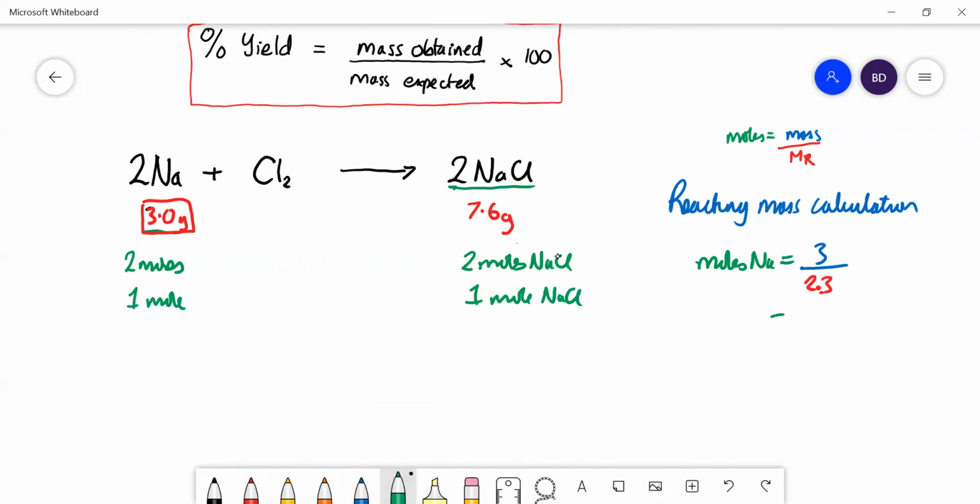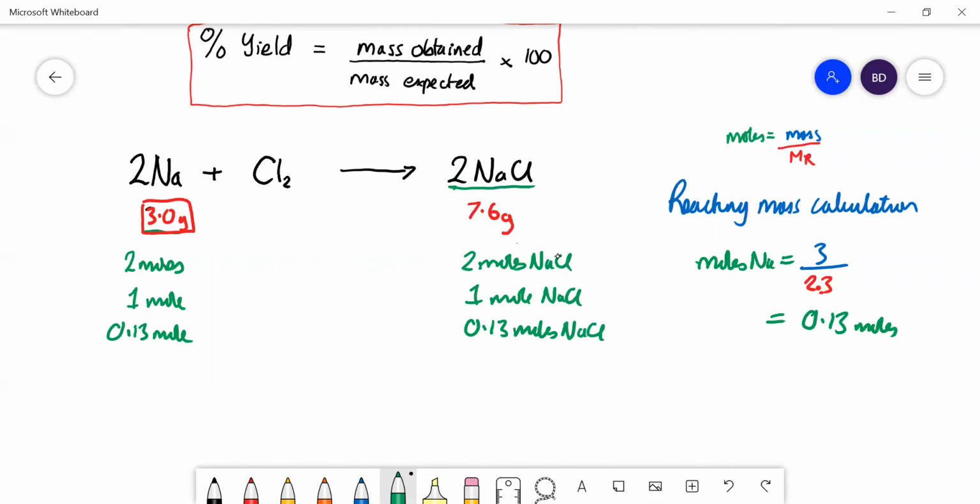That is equal to 0.13 moles. Because this is 1 mole of sodium chloride, 0.13 moles of sodium will give us 0.13 moles of sodium chloride.